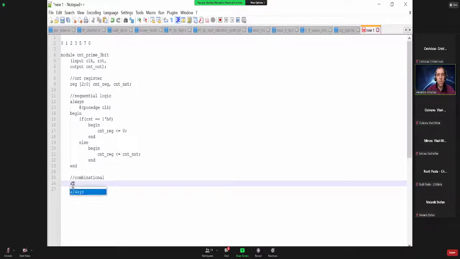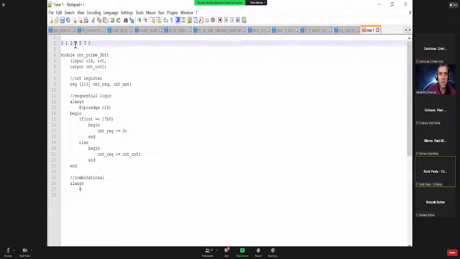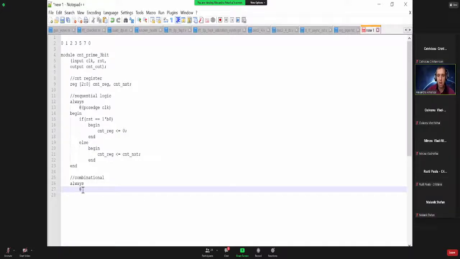Okay, which is the input for the combinational block? Count reg. It's count reg because, for example, you compute the next value based on the current value. Yeah, so that's why the current value should be the input and the output should be the next value.